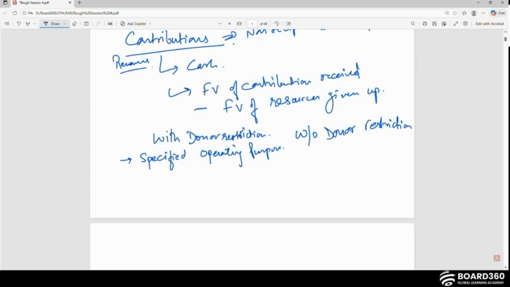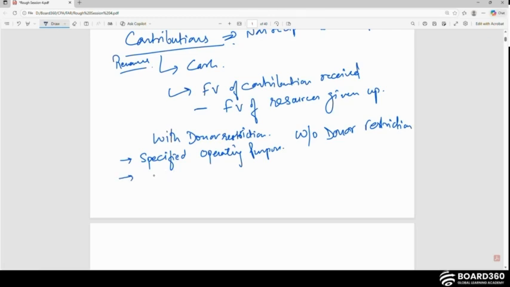Whatever they have donated needs to be utilized accordingly. Maybe winters are coming, so a donor may ask the NGO to donate only to a specific segment of people. So those are restricted. Or maybe you have given a donation to a society for building a cancer hospital. So that is a specified purpose or specified program, right?